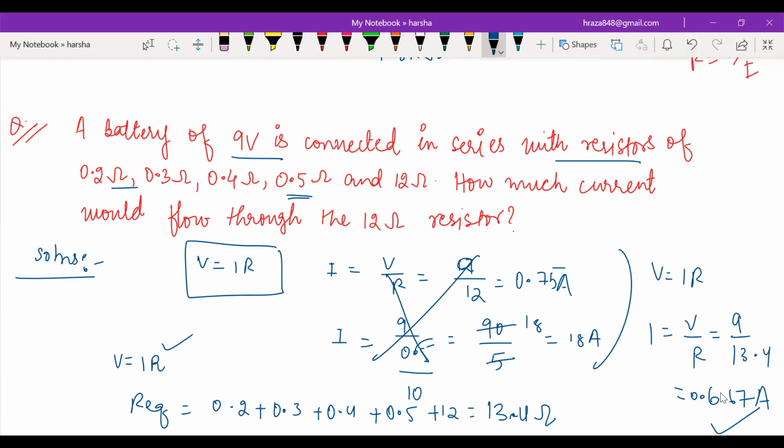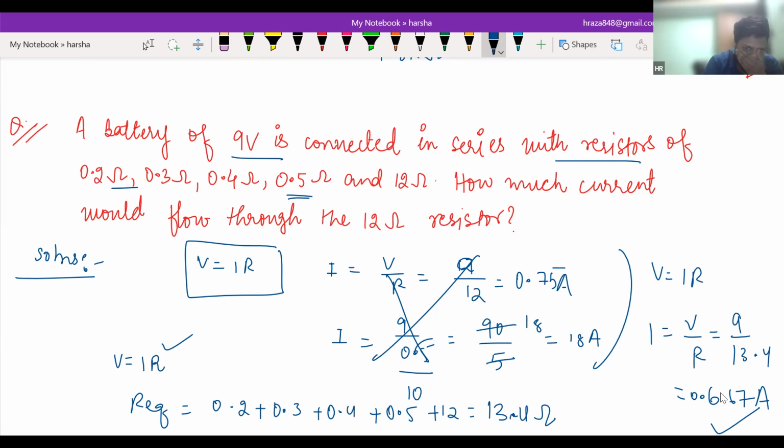So, sir, when there is a group of resistors, we should first find R equivalent. Yes, if they are in series. If they are in parallel, we calculated the correct answer. In parallel, the potential difference is the same, but the current is different.